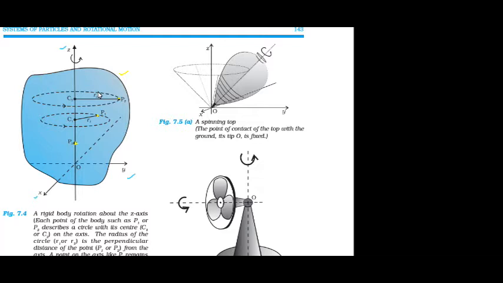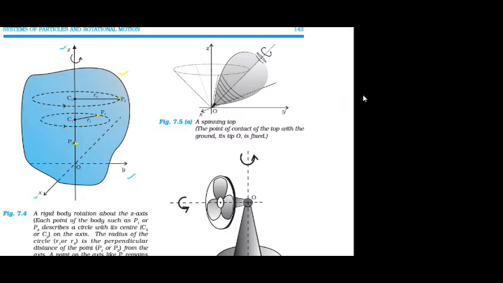So here they want to say that P1 and P2 are on different circles which are perpendicular to the axis of rotation, that is Z. Only this has been explained in the last paragraph.